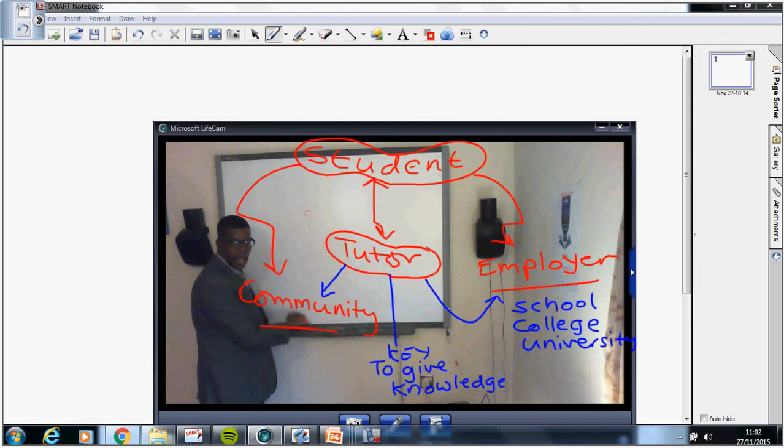Now, with this in mind, I'd like you to absorb this schematic diagram, because it's very important to note that the student-tutor relationship has to be treated very well, and everything we create as legal boundaries or whatever it is centers on this relationship to make the journey of these two worth a while, and at the end of the day produce a student who can get better employment or fit in the community, or even business.